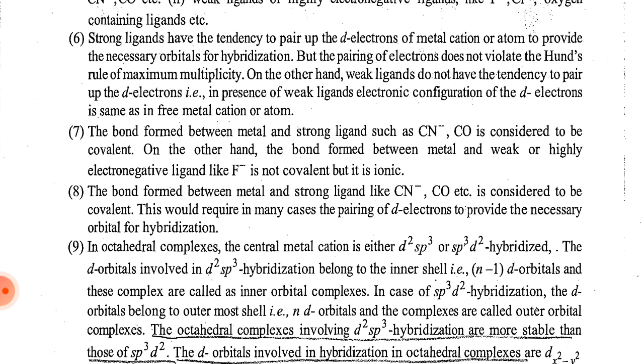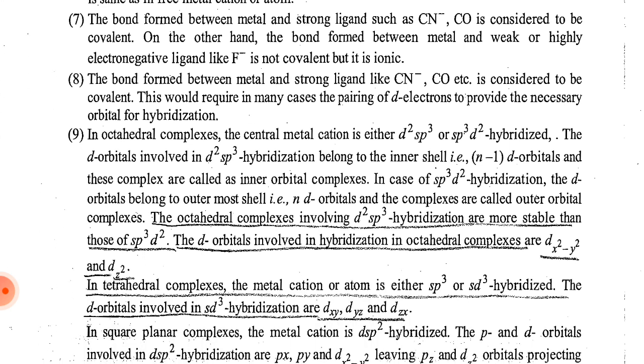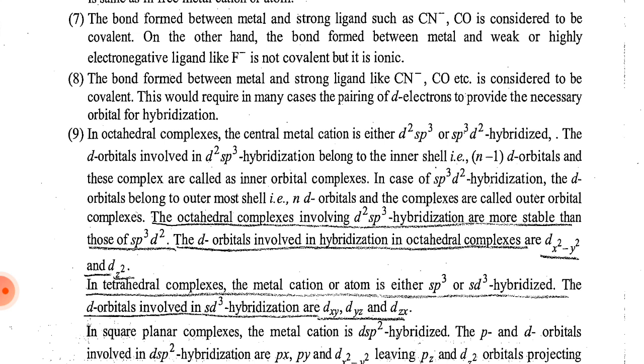On the other hand, weak ligands do not have the tendency to pair up the d electrons. That is, in the presence of weak ligands, the electronic configuration of the d electrons is the same as in free metal cations or atoms.